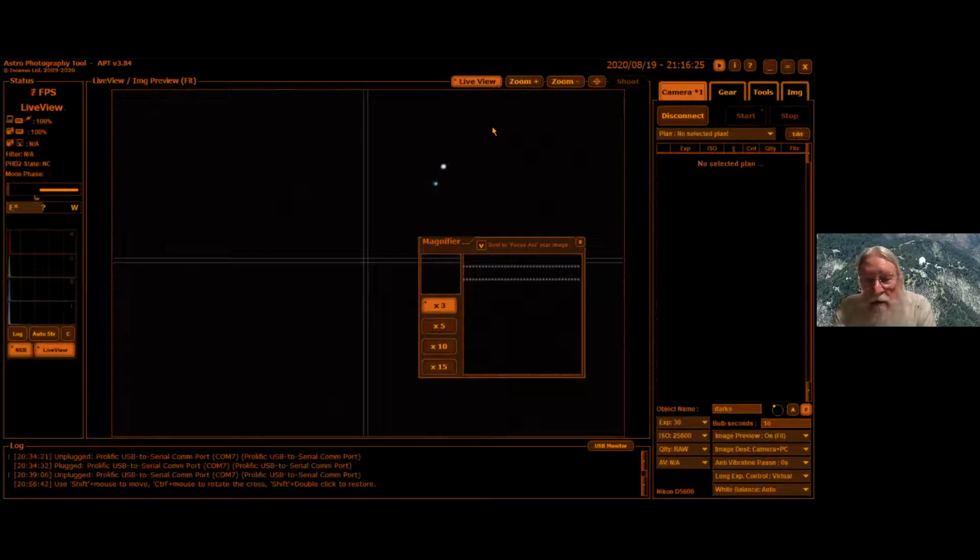Vega was actually used as the standard to define the 0 point in the stellar magnitude scale, so that magnitude 0 would be Vega. But after they did that and wrote all their catalogs, astronomers discovered that Vega is the wrong brightness for its spectral class.